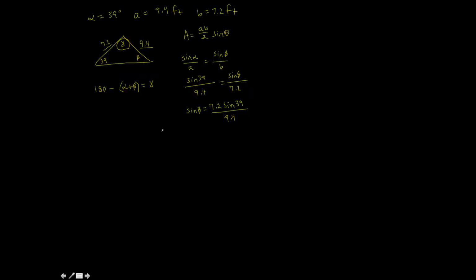And so we can do the inverse sine to get our angle beta. Use our inverse sine. And so once you do that, you should get 29 degrees here.